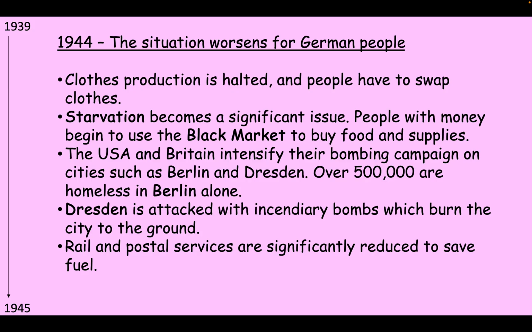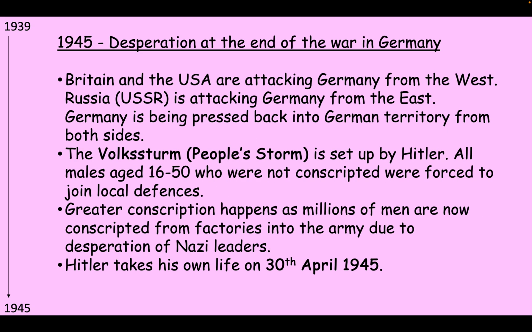And the rail and postal services are significantly reduced as well. So by 1944, you are being constantly bombed. There are terrible shortages. There is a real shortage of fuel for heating. Things are really not good in Germany, and there are terrible impacts on the German population.